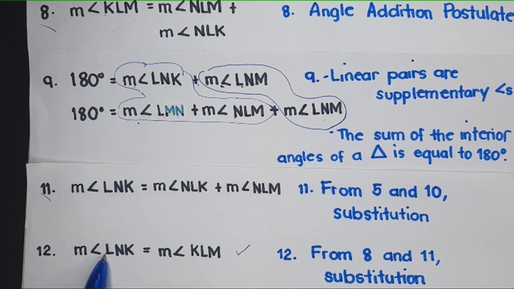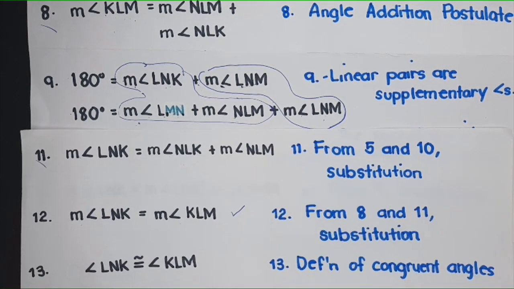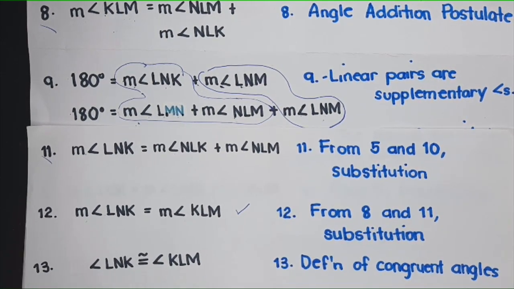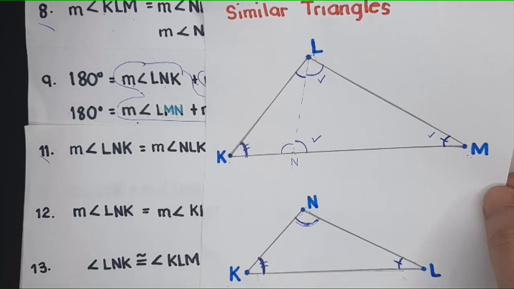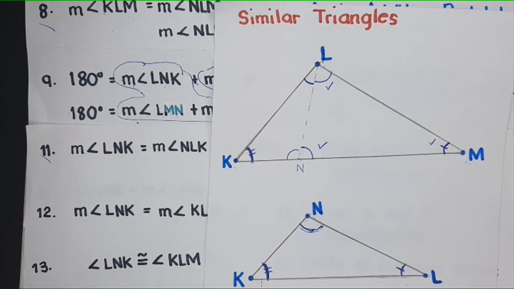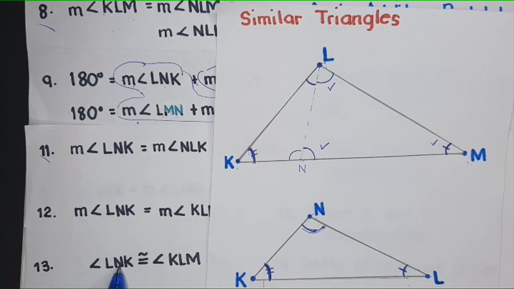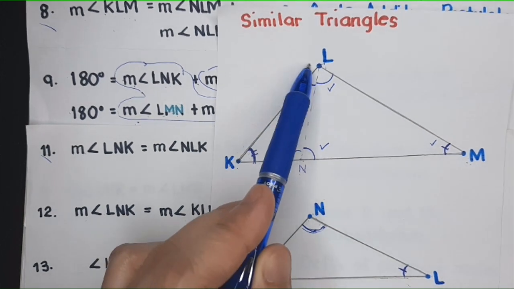Alright? So what can you say? When two angles have equal measures, they are congruent. So that's why our 13th statement is this. Okay? Definition of congruent angles. So if we go back to our similar triangles here, okay, angle LNK, so where is that? LNK is congruent to angle KLM.